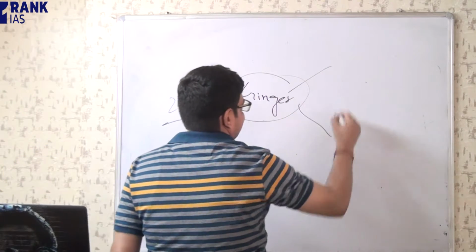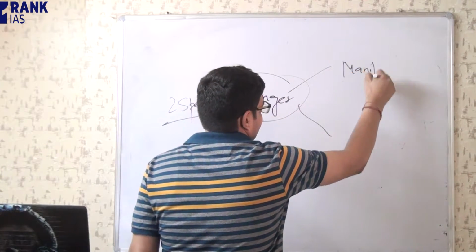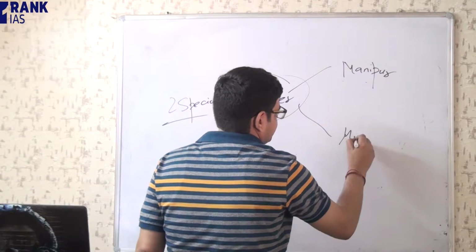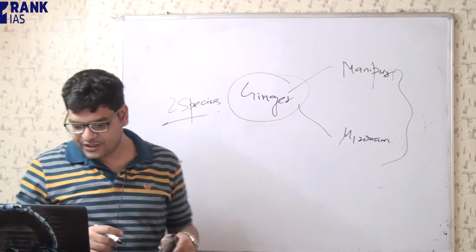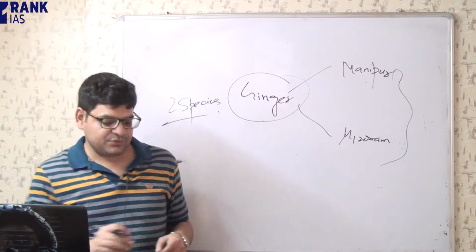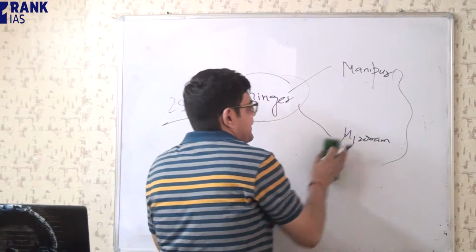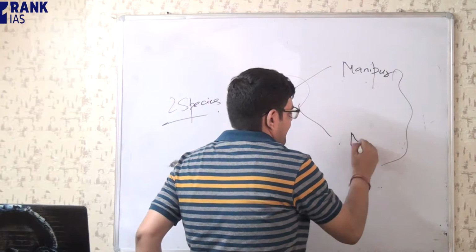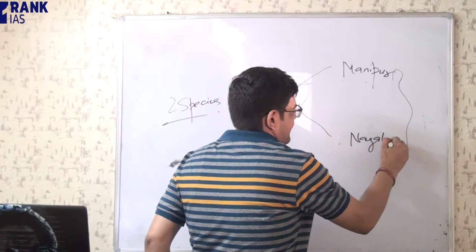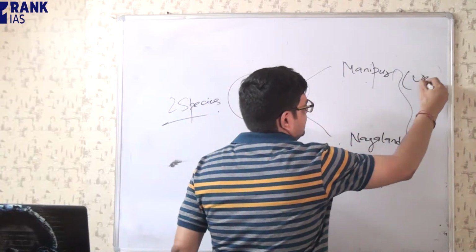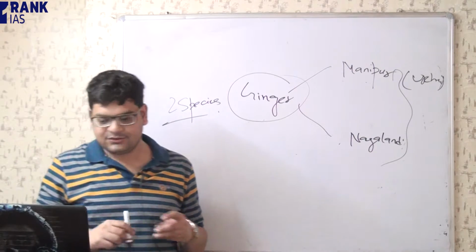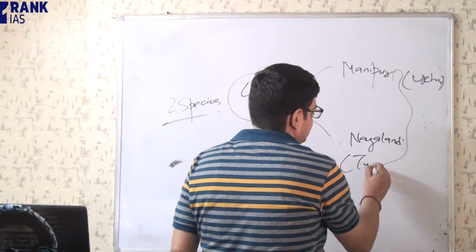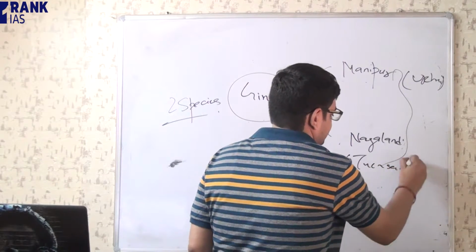Two species of ginger have been found in Manipur and Nagaland, both on the Myanmar border. There is the Ukhrul area in Manipur, and in Nagaland it's in the Tuensang region. So a new species of ginger has been found.